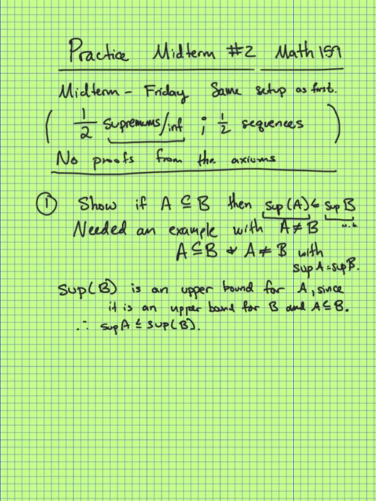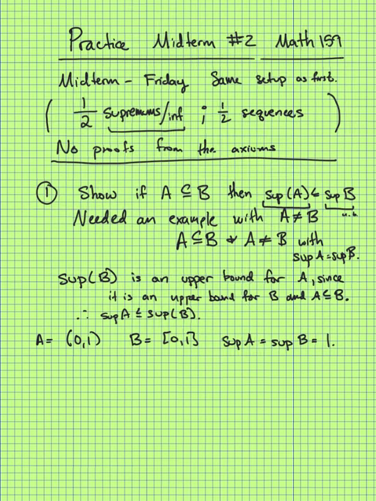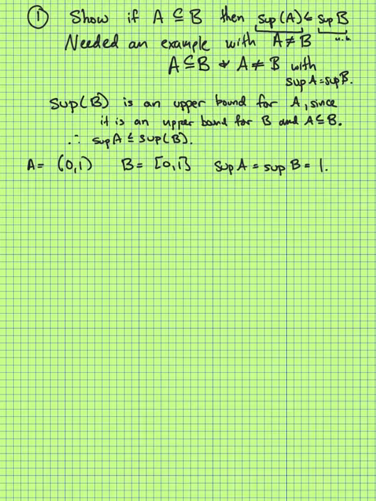All right, and then we need an example where A was contained in but not equal to B, and the supremums are the same. So I could take A to be the open interval (0, 1), B to be the closed interval [0, 1]. Then sup A is sup B, which is 1. Usually if I'm just saying to give an example, you don't need to provide an argument, but I'll give you a reminder.